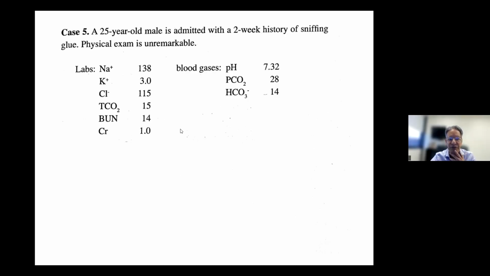So this is a 25-year-old with a history of glue sniffing. And here are the numbers. The pH is 7.32, the PCO2 is 28, bicarb 14, total CO2 15. So write those numbers down.